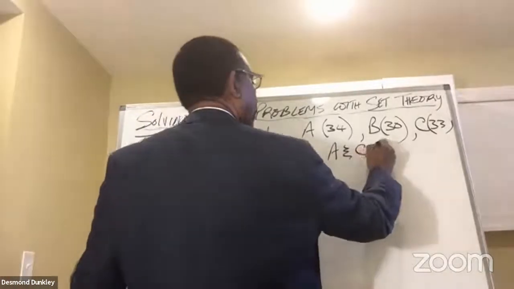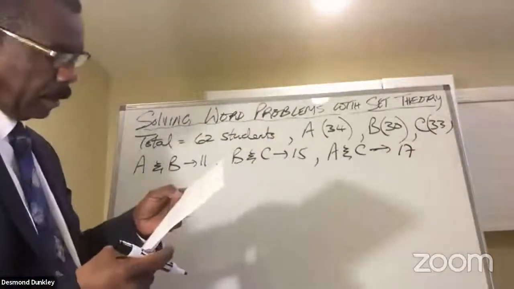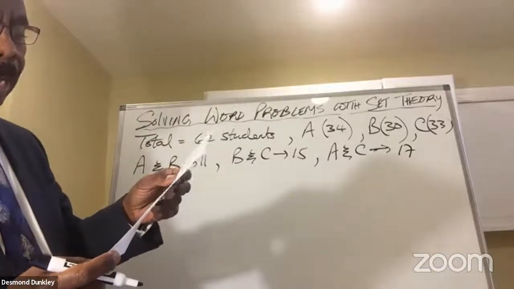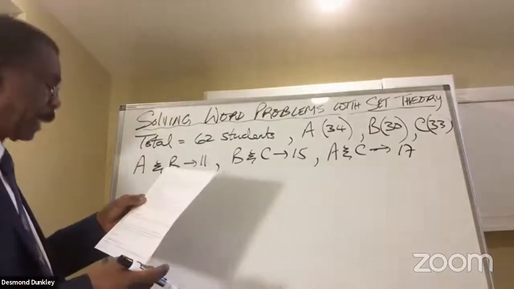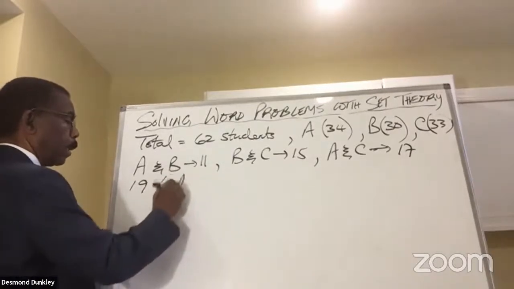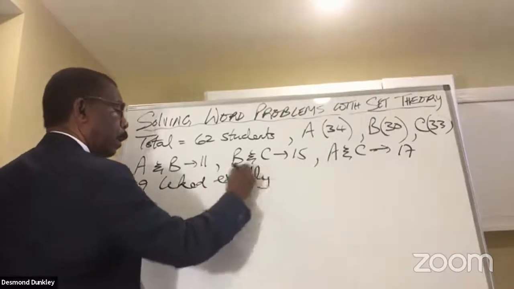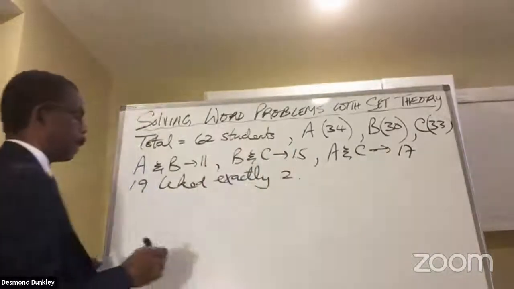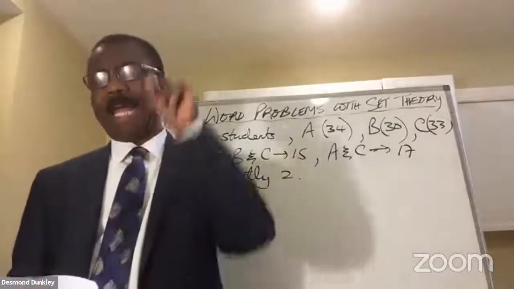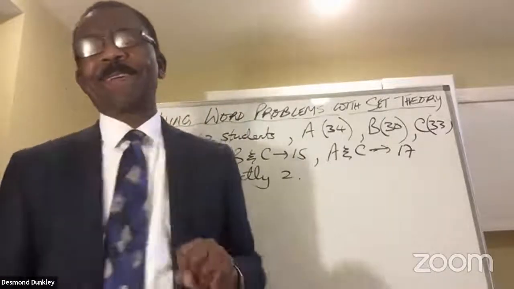A and C equal to 17. 19 liked exactly 2 of the following fruits: apricots, bananas, and cantaloupe. So 19. This is very critical. 19 liked exactly 2, not 3, just 2.